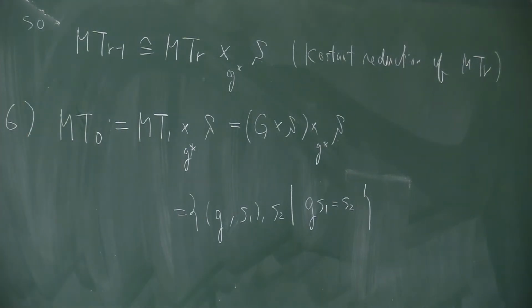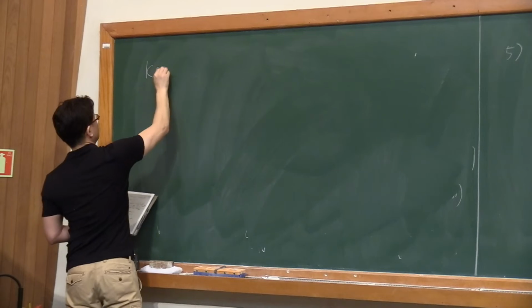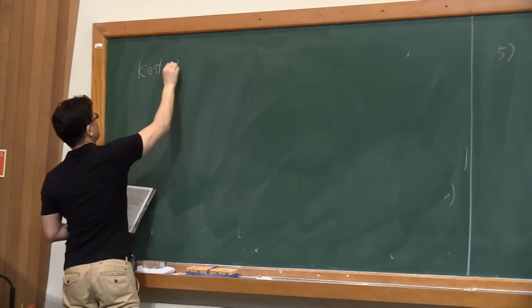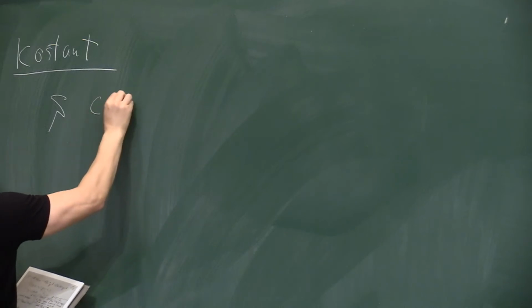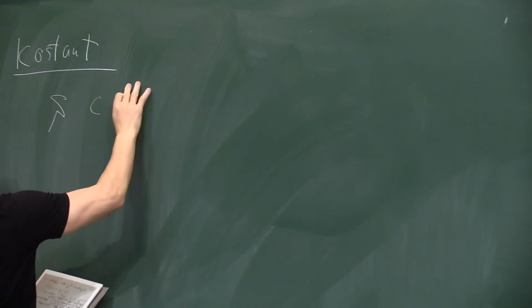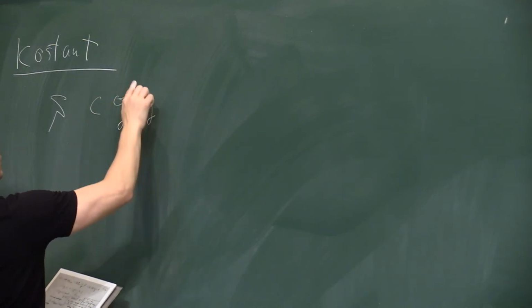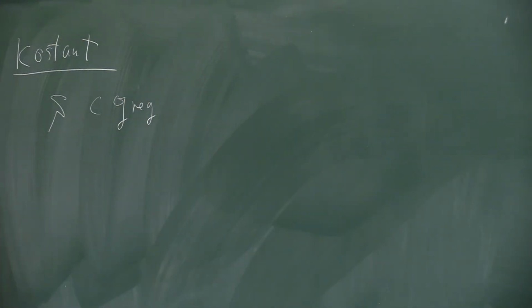But there's a theorem of Kostant which says the following. So this is an old result of Kostant again. So the Kostant–Slodowy slice is contained in the regular elements. So any element of the Kostant–Slodowy slice is regular.